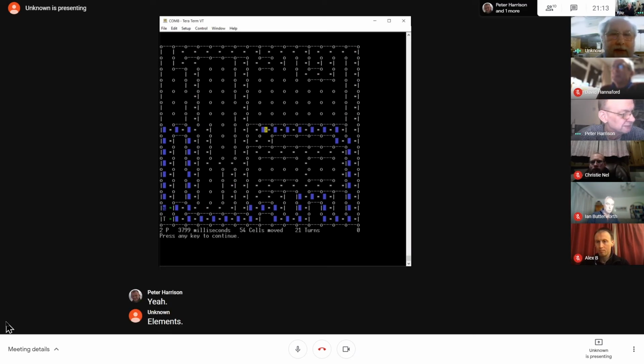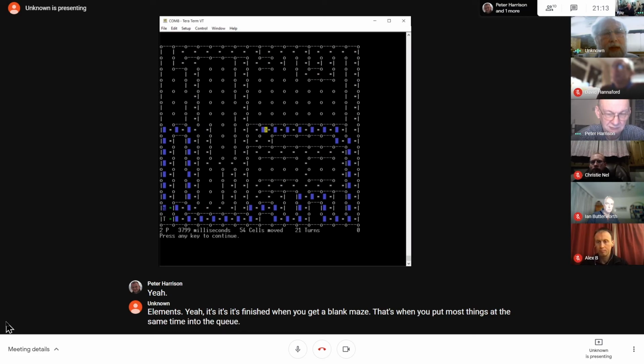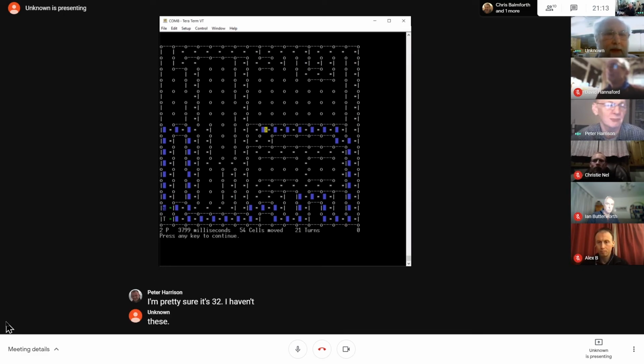It's when you've got a blank maze, that's when you put most things into the queue at the same time, and it's two stripes across 16 each. I'm pretty sure it's 32. I haven't bothered to prove it, but I'm pretty certain that 32 is the maximal length of queue for a classic maze. 32 is the maximum, but I always put 64 just in case.